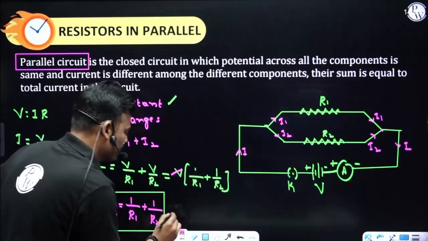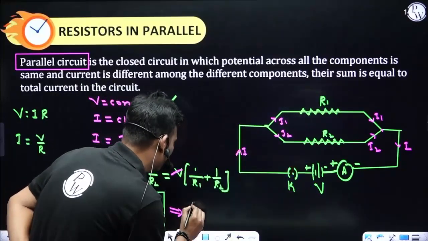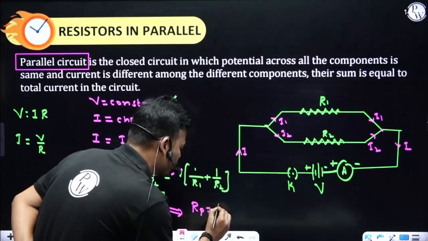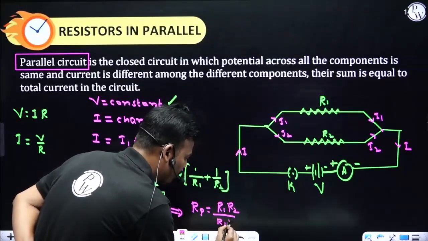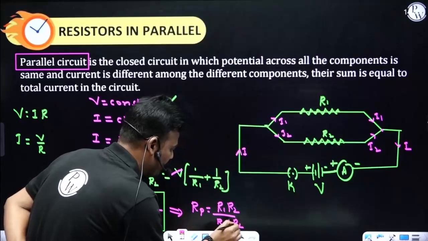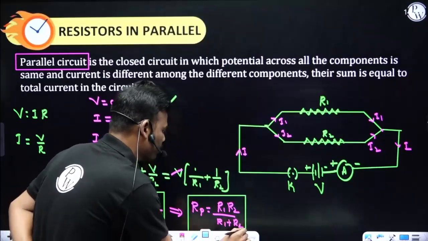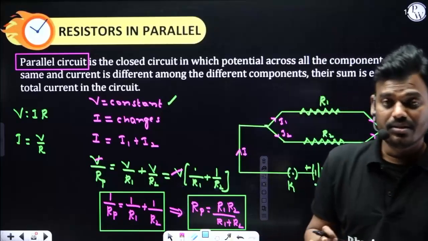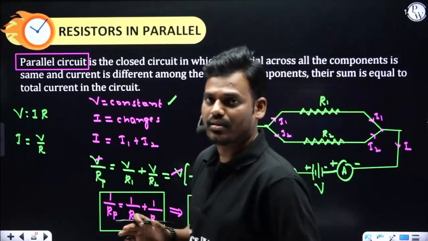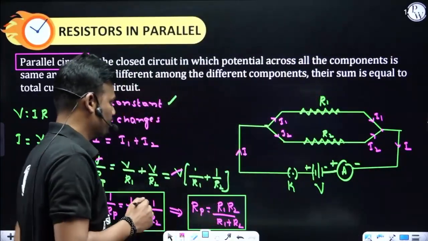This one can be rearranged. How? Rp is equal to R1 into R2 divided by R1 plus R2 after taking LCM and rearranging the equation. So this is our expression for total resistance or equivalent resistance or resultant resistance of this circuit.